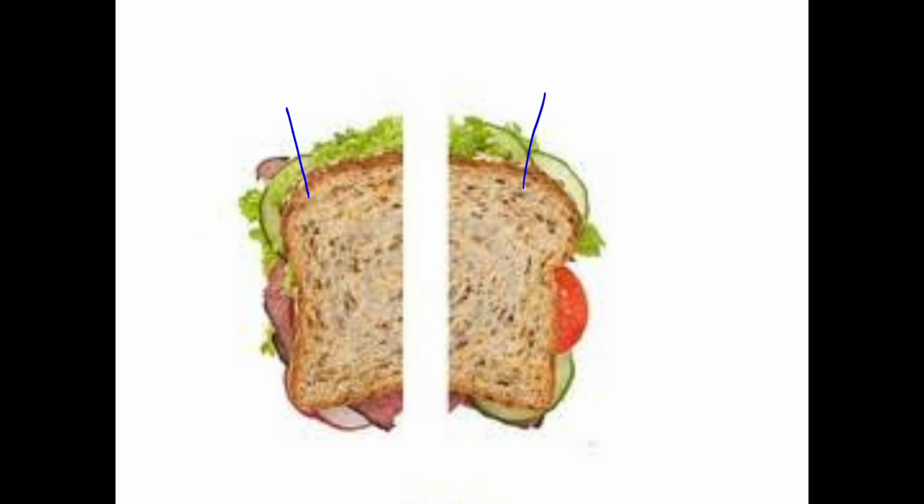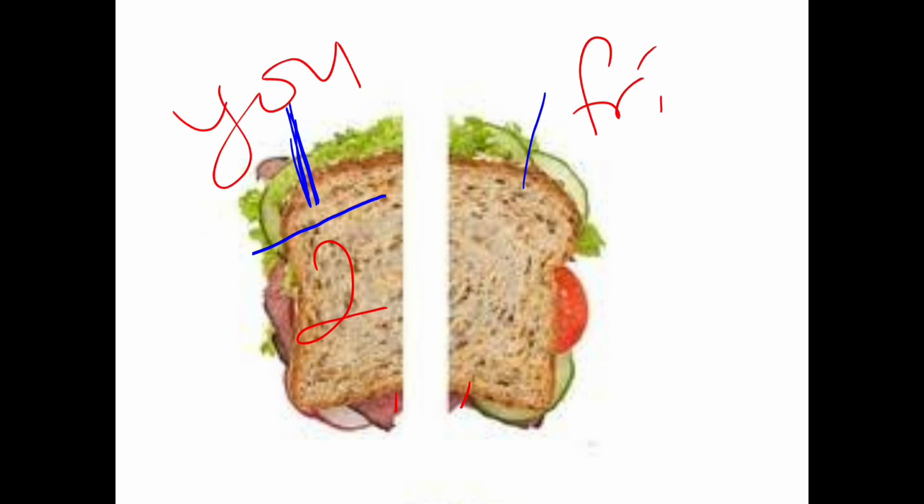So this means that this one part will be referring to one out of how many parts altogether? 1, 2. Out of 2. Do you get that? Good. This is for you and this is for your friend. Your friend's part will also be what? 1 part out of 2 parts. Do you get that? Good.